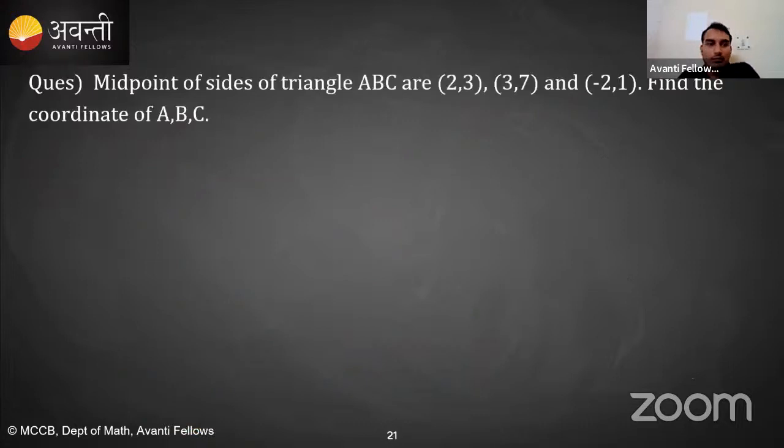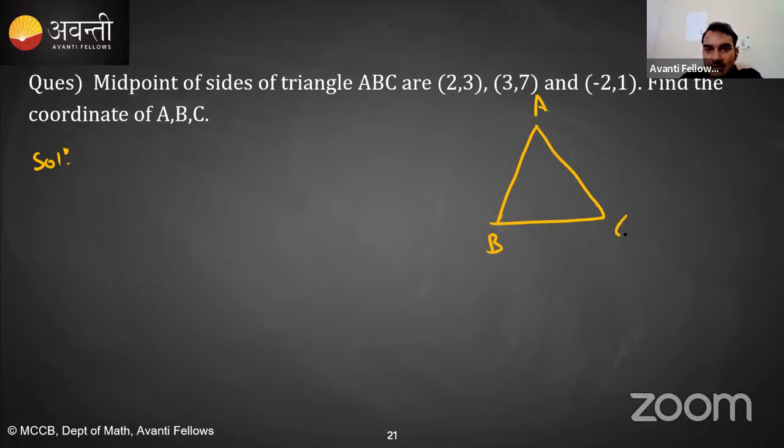So this is one more question on the section formula. The question is saying that the midpoints of the sides of triangle ABC are 2, 3, 3, 7, and minus 2, 1. Find the coordinates of ABC. Okay. So let's say this is A, B, C. Let's call this point M1, the midpoint, which is 2, 3.